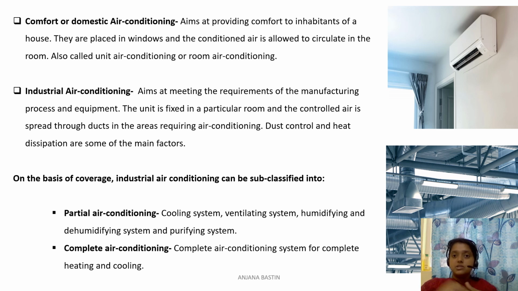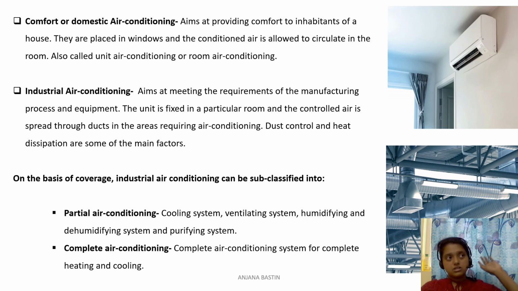This is the difference between domestic air conditioning and industrial air conditioning. Industrial air conditioning is of two types: partial air conditioning and complete air conditioning. Like how the word means, in the factory, if there are only certain machines which require this control of temperature by providing AC, you would find the AC duct and vent only in those areas.